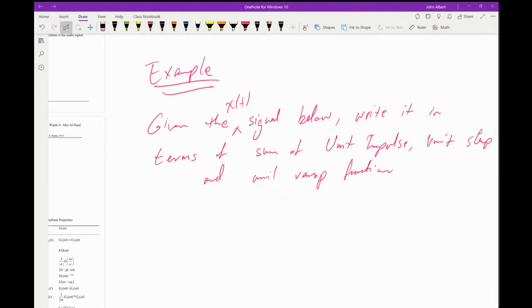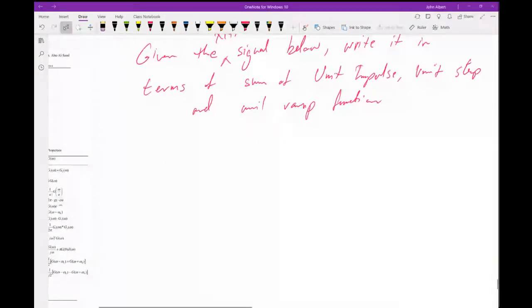So I want you to use 2, 3, 5, 10 unit step functions, unit impulse functions, and unit ramp functions as you wish to represent the following signal, x of t. Now, how does x of t look like? It looks like the following: minus 2, let me start with minus 3.